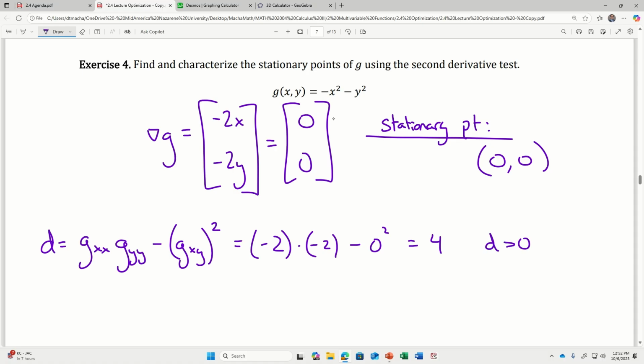This is a positive lowercase d number. Then we notice that the second partial with respect to x was the number negative 2. So that second partial with respect to x was a negative number. And if d is positive and the second partial with respect to x is negative, that means this must be a local maximum.